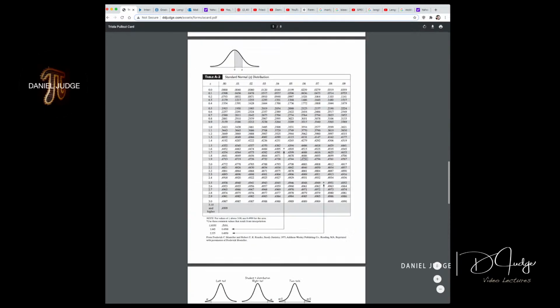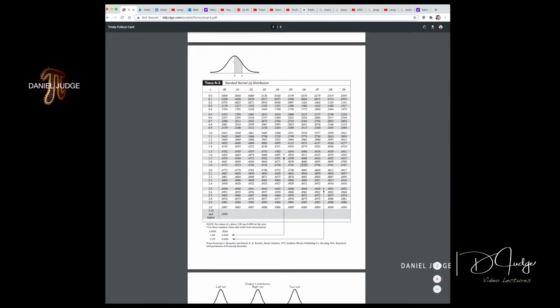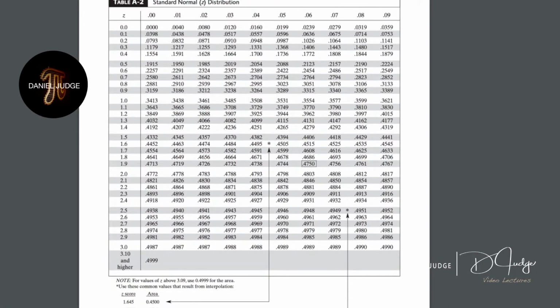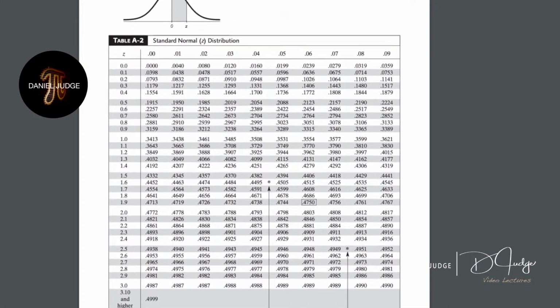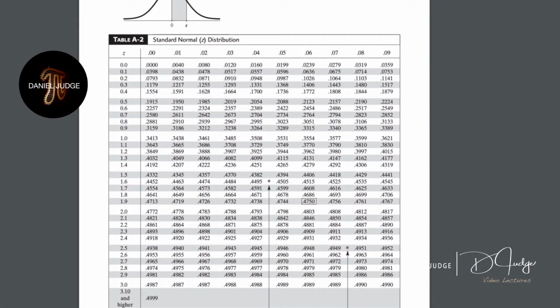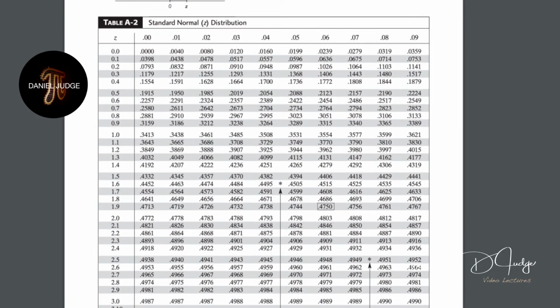Row 0.6. Okay, so let's see if we can make that big. We need row 0.6 and column 0.07. So take a look at this, and I'll tell you what I see. Row 0.6, column 0.07. Okay, 7's the third one from the right.